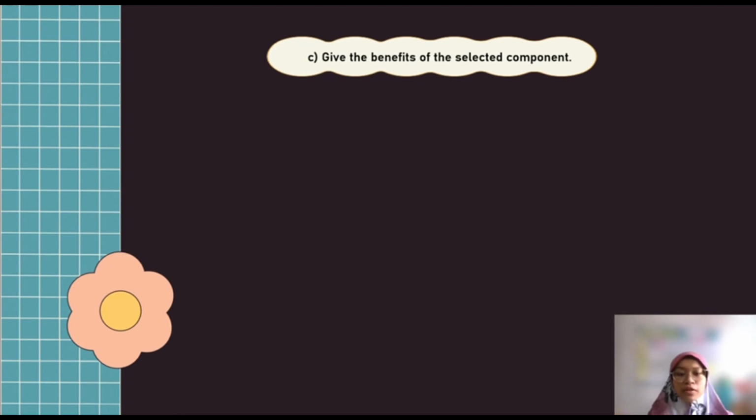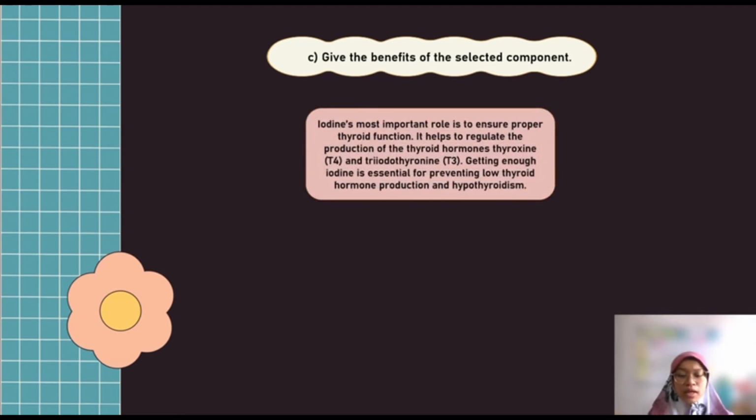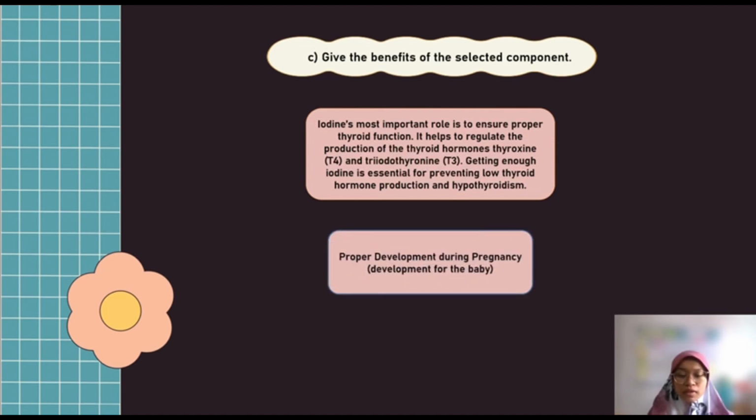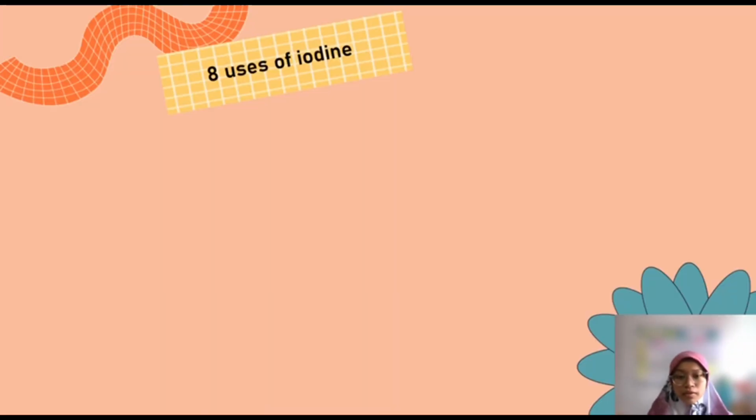Give the benefit of the selected component. Iodine's most important role is to ensure proper thyroid function that helps regulate the production of thyroid hormones such as thyroxine and also triiodothyronine. It also helps proper development during pregnancy, especially for the baby.